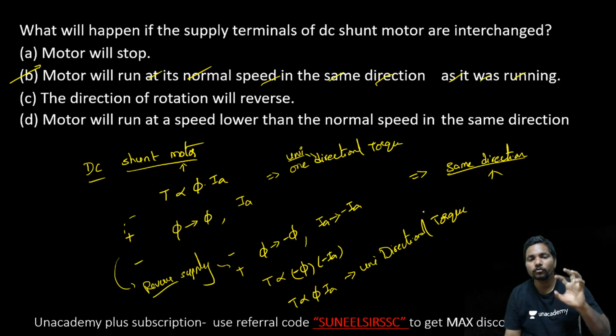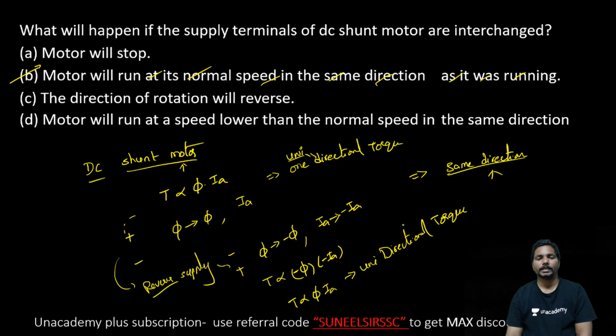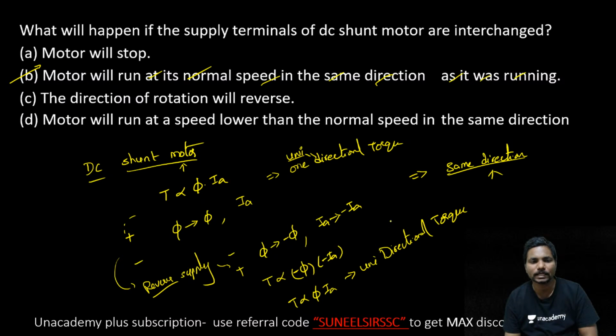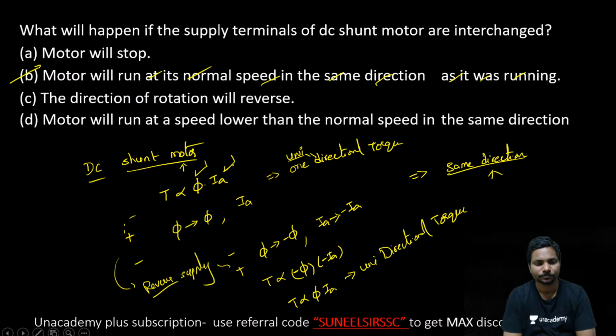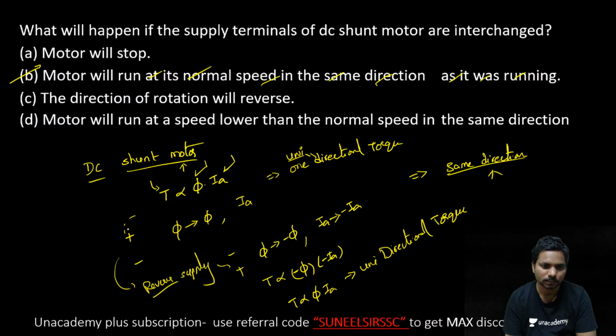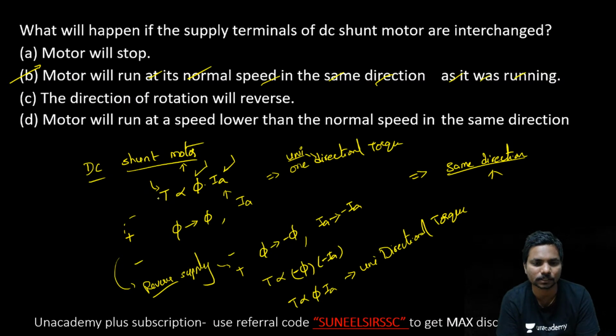But if you want to get a reversal of direction, you have to change either your flux or your armature current. If you change your flux, the torque will be reversed. If you change your armature current, you also get a change in the torque.